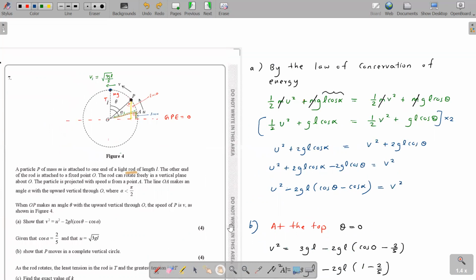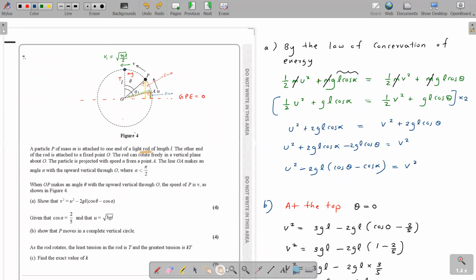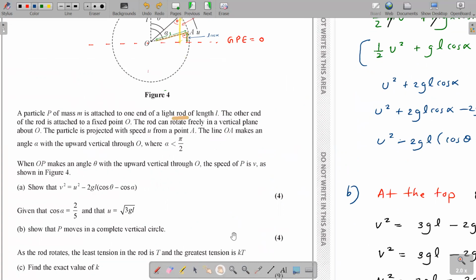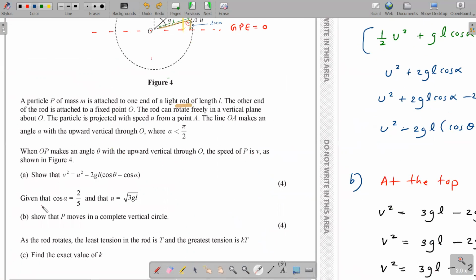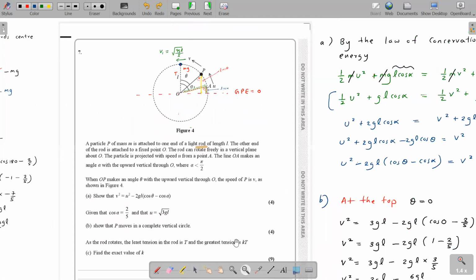Okay, all right. And then let's move on to part B. So in part B, they say, given that cos alpha is 2 over 5 and that u equals root 3gL, show that P moves in a complete vertical circle. So how do you show that the particle moves in a complete vertical circle, guys?